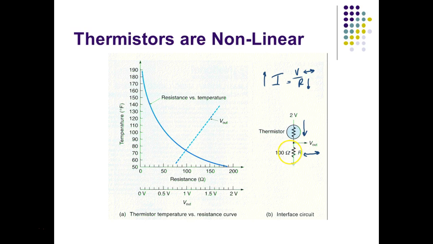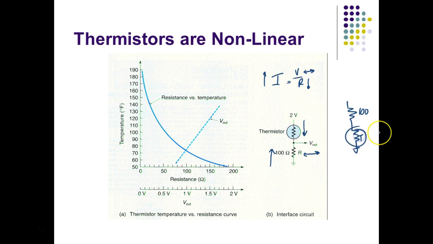Which causes this resistor down here to drop more voltage, because the thermistor resistance is going down and drops less voltage. Right? You understand? That makes sense? Okay. So that means my output voltage would go up. If I want my output voltage to go down for some reason, I would just put my fixed resistor on the top, and then I would put my thermistor on the bottom.